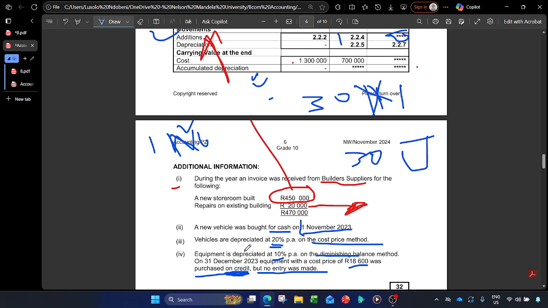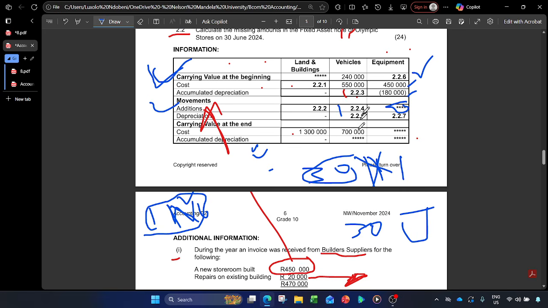So on 31st of December, now we know. Remember, I told you about this thing. I told you that sometimes they will say on 1st of November, and sometimes they will say 30th of November. And now they did exactly what I was warning you about. So they're saying on 31st of December 2023, we have an addition of equipment costing 18,600.